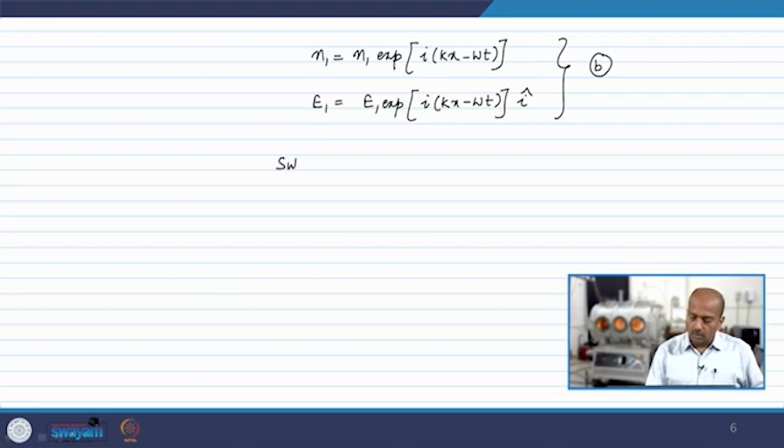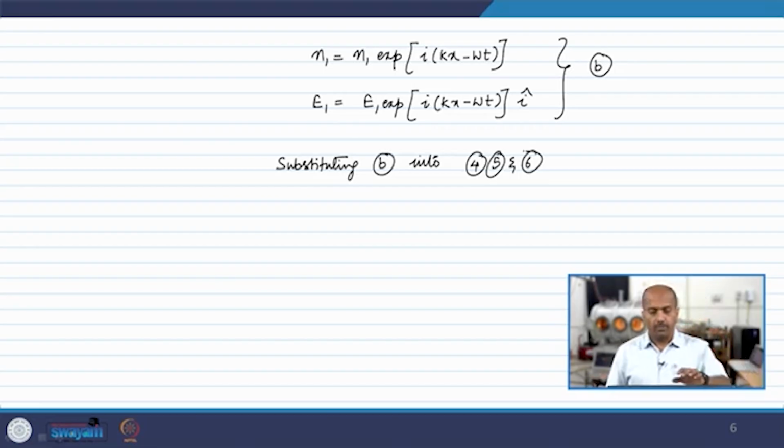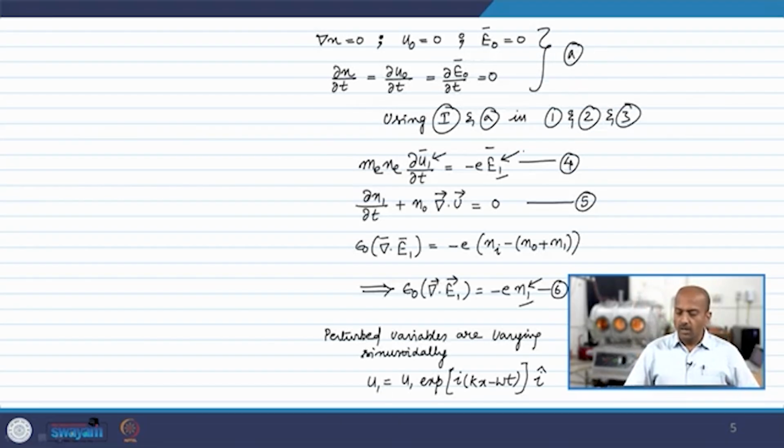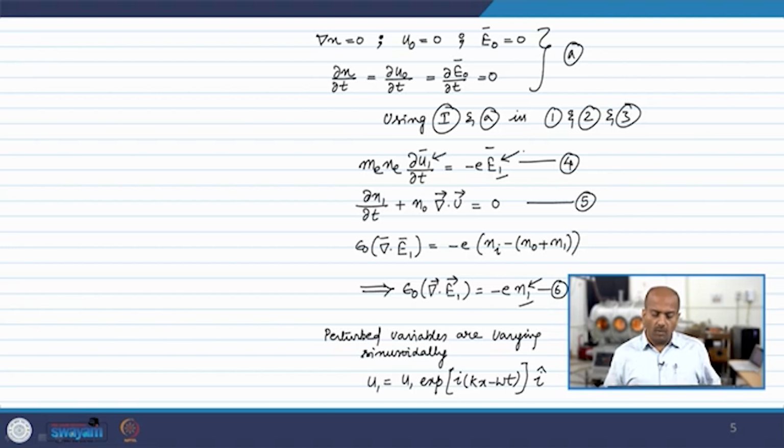Now, substituting the set of equations in B into 4, 5 and 6. What are 4, 5 and 6? They are the reduced governing equations. Since these equations need to be solved, we assume a solution for the perturbed variables.